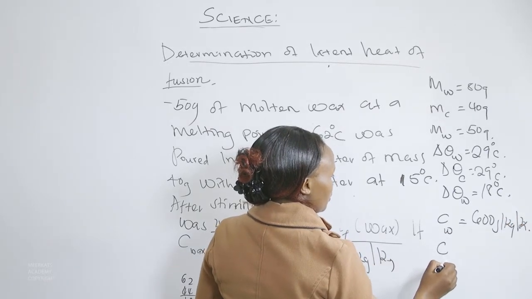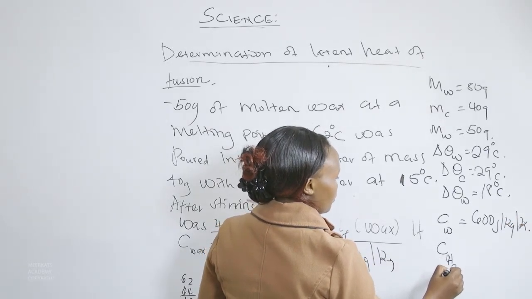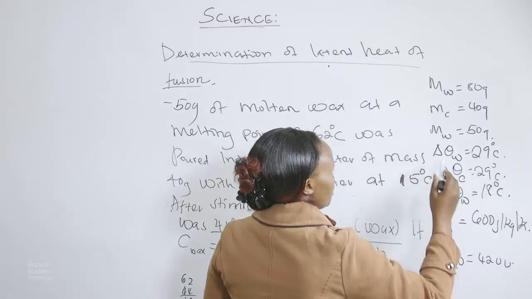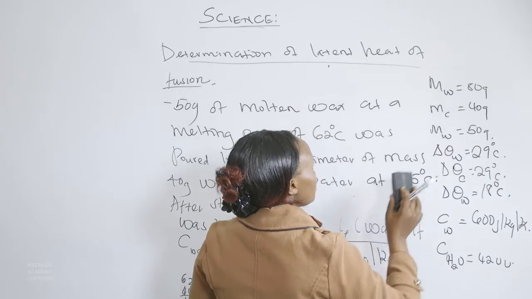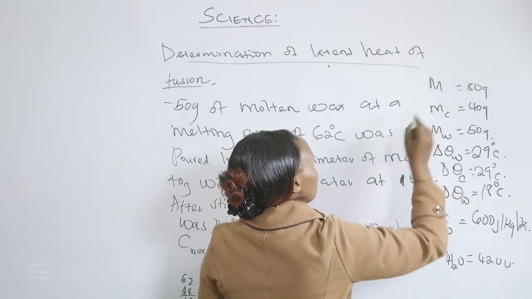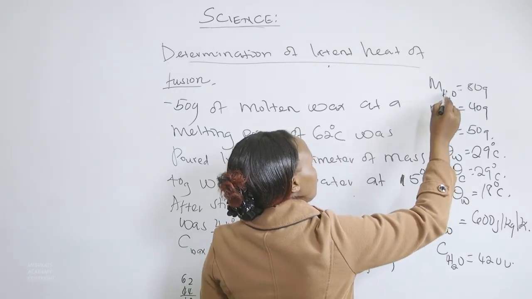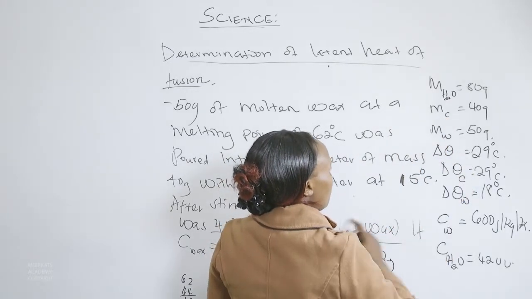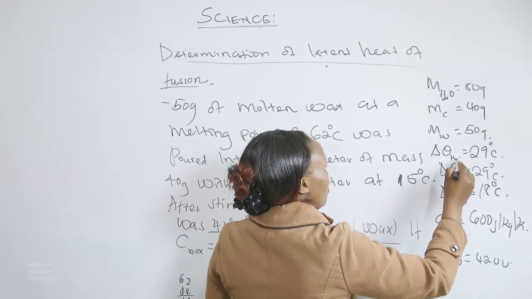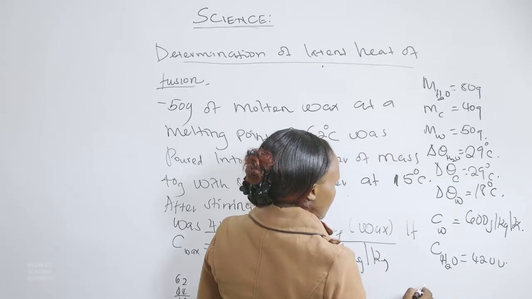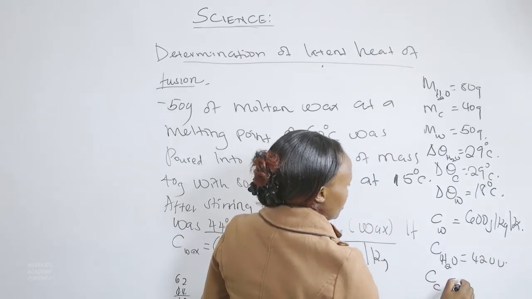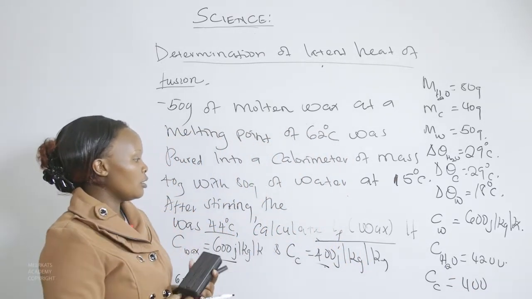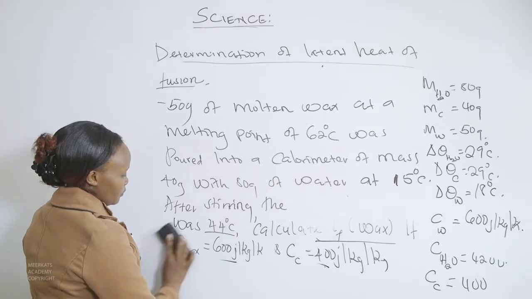That of water is 4200. And that of the calorimeter is 400 joules per kilogram per Kelvin.